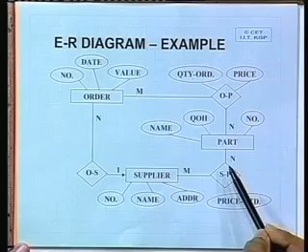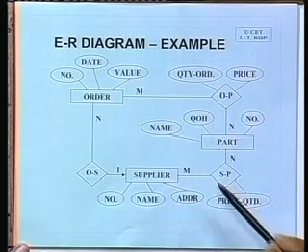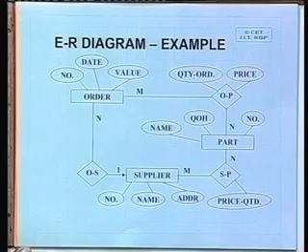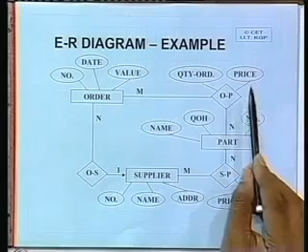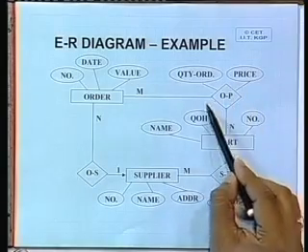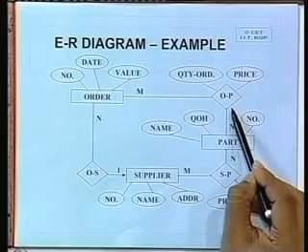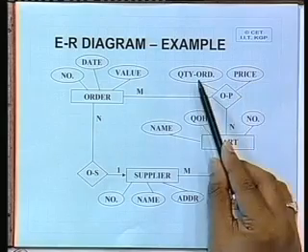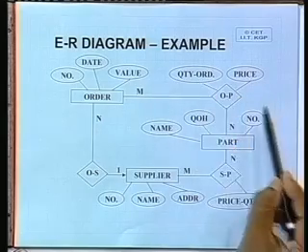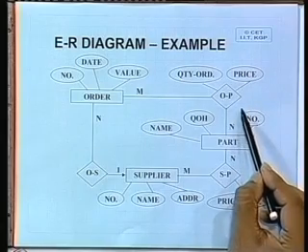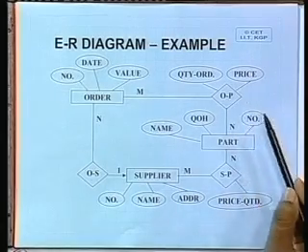Order part, the most important one, is many to many, because one order can have many parts and one part can also have many orders, right. So, because of this we can see that the order part has the two attributes, price and quantity ordered. Definitely two more attributes are there, that is order number and part number, which is understood, so it is not drawn, right.